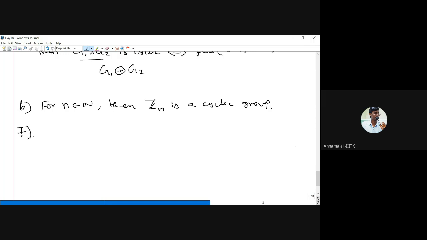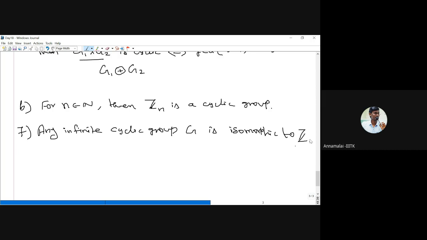I am sorry. Suppose we take any infinite cyclic group G; it is isomorphic to Z, the set of all integers. That means isomorphism preserves all the properties.